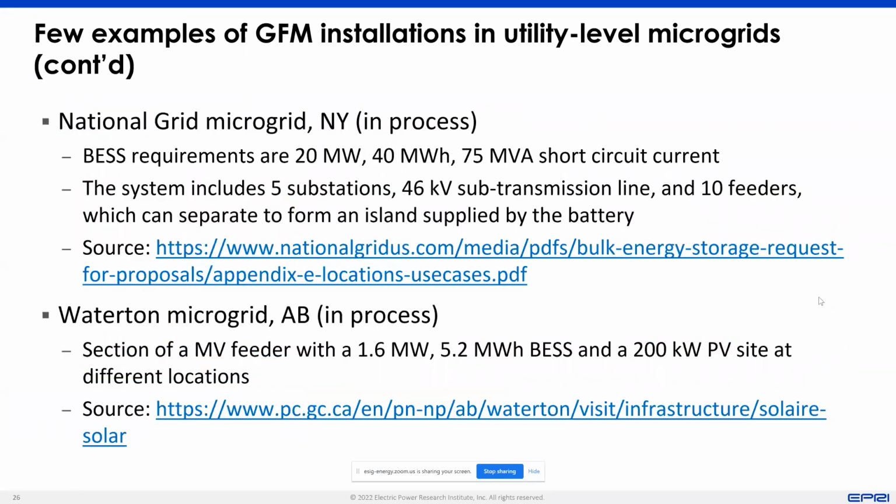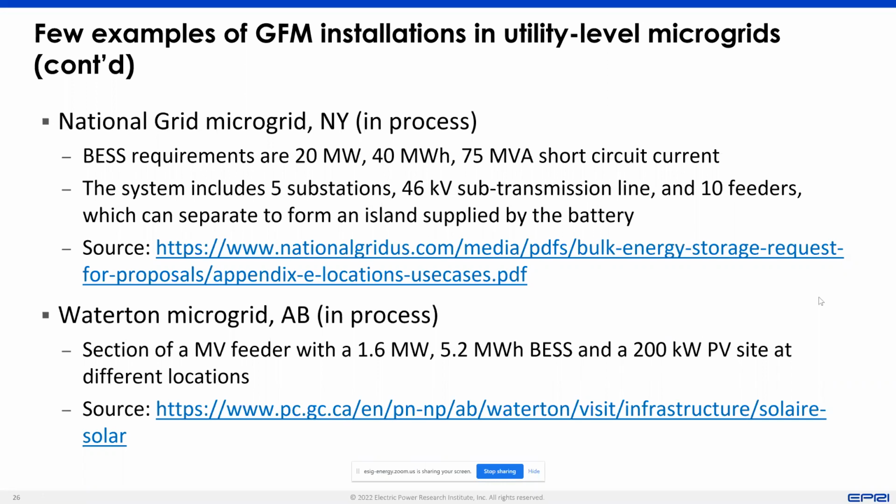And we also have other similar microgrid projects going on. Here I show one in National Grid, New York, and another one in Canada. Both of them are in process. Now the first one is a bit larger in terms of the scale of distribution. The battery energy storage system is 20 megawatt, 40 megawatt hour.